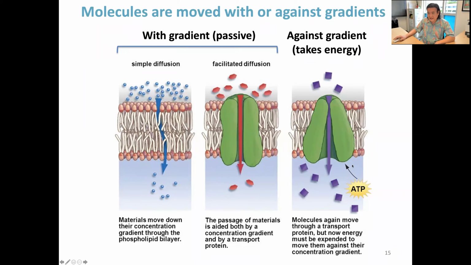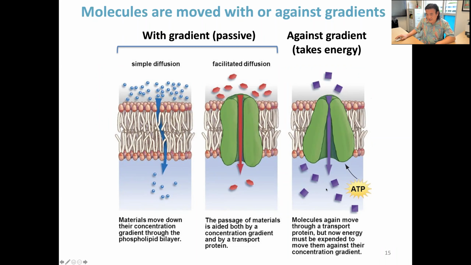And we learned that lots of times your living cell needs to, on purpose, push things against the concentration gradient, and that requires energy. And so you'd need this green protein here, some sort of a pump, for example, that needs to change its shape against the force of the concentration gradient of these purple squares so that it can continue shoving these purple squares from a low concentration side to the high concentration side.